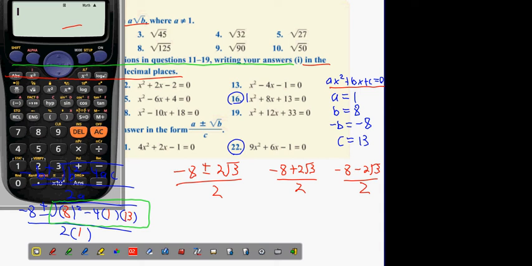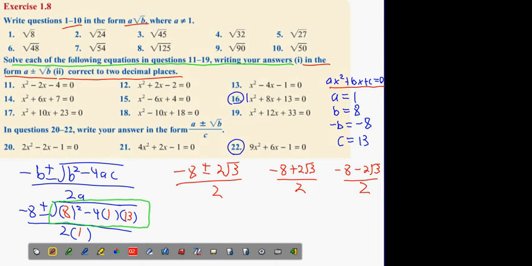Press the fraction button first, then enter it in: minus 8 plus 2 root 3, all divided by 2. That's minus 4 plus root 3.